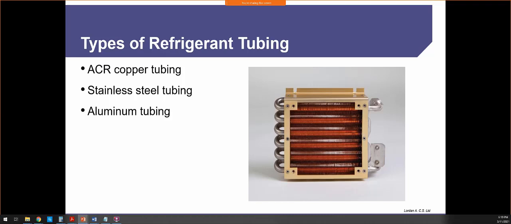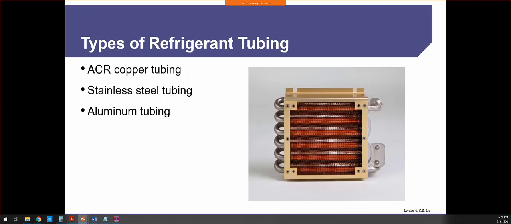Stainless steel tubing is used in environments that are prone to possibly copper corrosion, or environments like food places, factories, that sort of thing. They'll use stainless steel, and they're going to use it for things like ammonia.